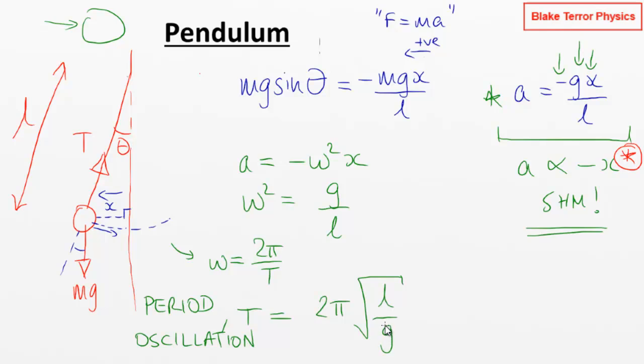So if we've got a whole load of pendulums set up in the same part of the world, they've all got the same g, the same acceleration due to gravity, and their oscillation period will depend entirely upon the length of the pendulum. If you want something with a longer tick, like a grandfather clock with a 2-second tick in your hallway because you want to turn your house into a stately home, you need a long pendulum.